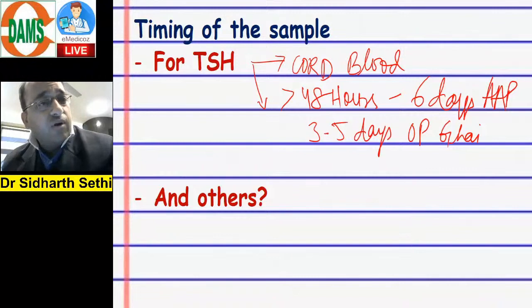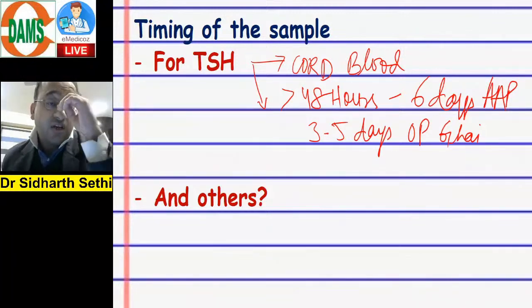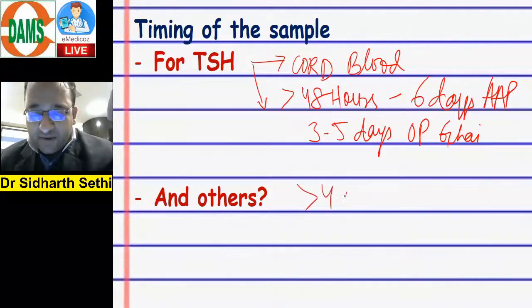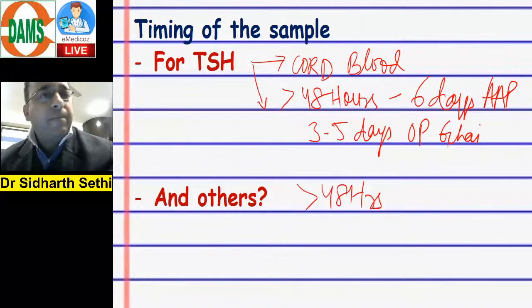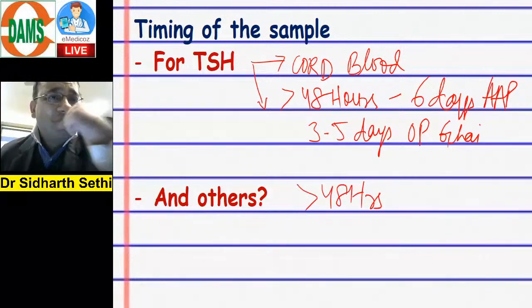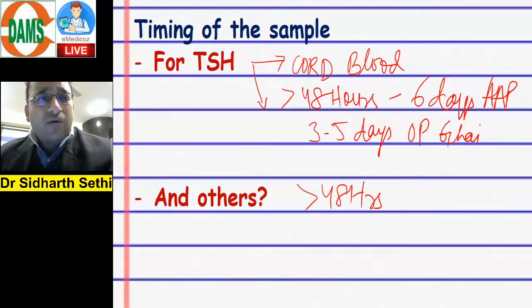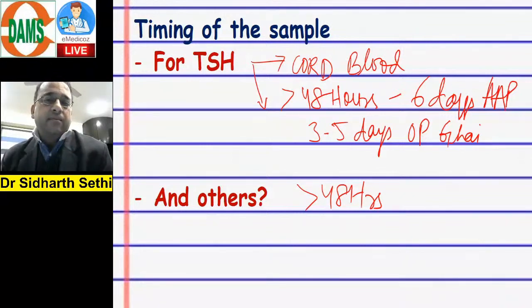But remember, today it's not just about TSH. There are many other disorders which we can diagnose by early screening, and these are usually diagnosed after 48 hours. For example, PKU, phenylketonuria, is diagnosed in a fed state. When do we diagnose metabolic disorders? In a fed child who is feeding well, because amino acids and lipids accumulate in a fed child.